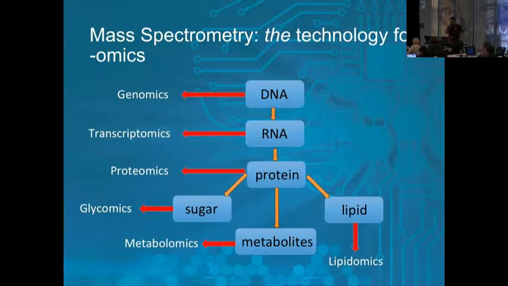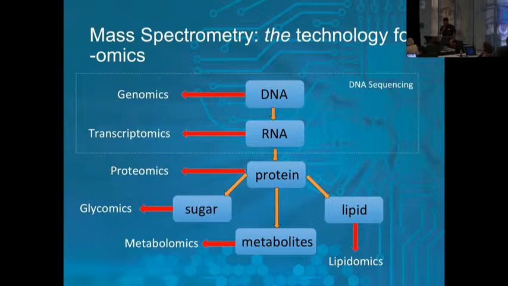For example, in 2000 and 2001, there was an announcement of the completion of the Human Genome Project, which characterizes the entire genetic information, or the whole set of genes, so-called genome, in the human cell. That gave us very rapid progress in the new field called genomics. It's all because of new technology advancement in DNA sequencing.